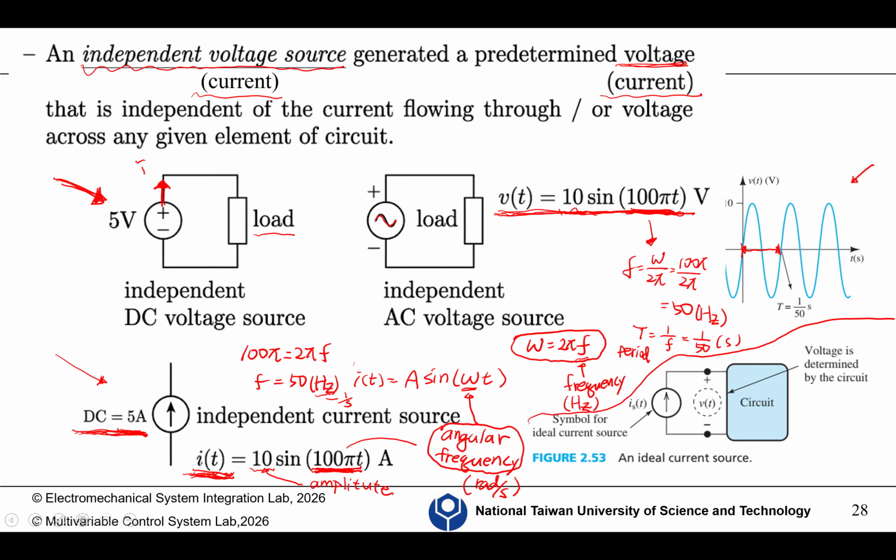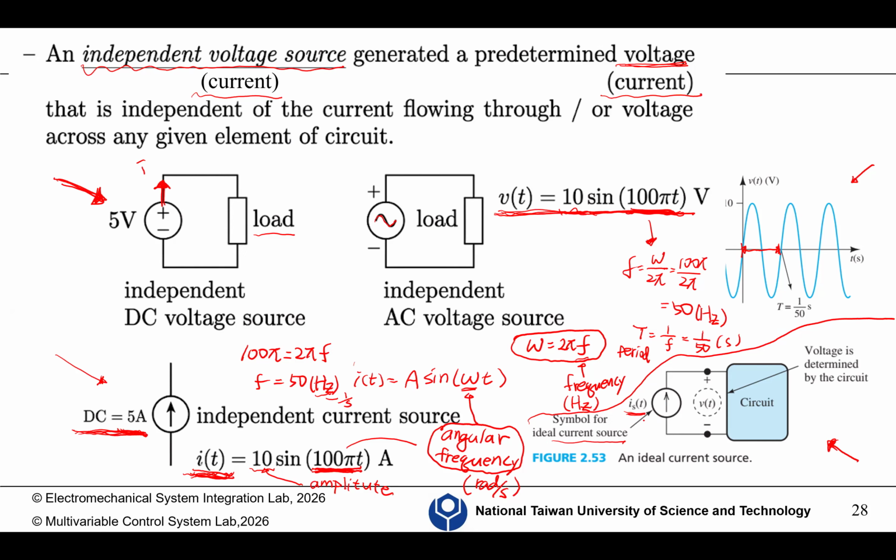Okay, and please look at this bottom right. For a current source, here it is an AC current, right? Because the current is written as a time function.